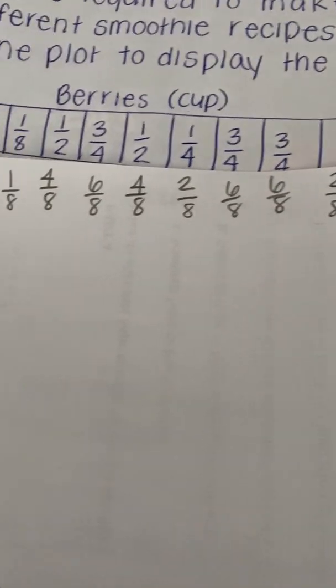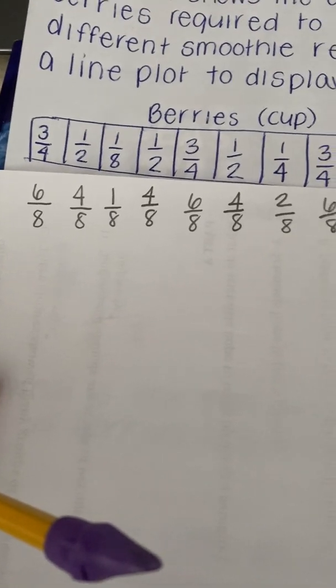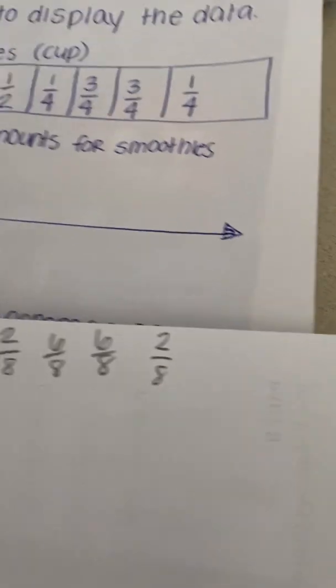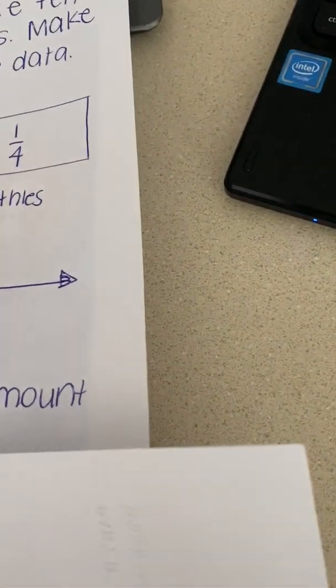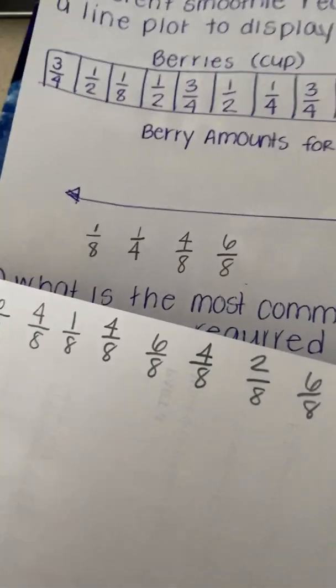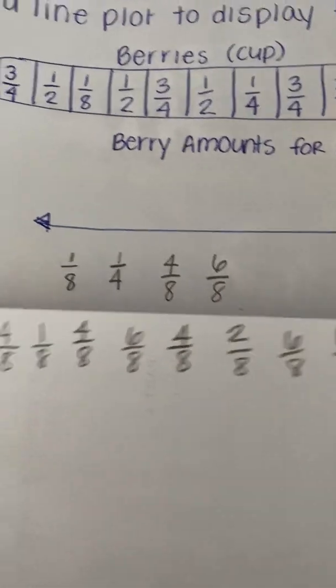My next smallest is going to be 4/8, which I'm going to put right here. And then my next smallest is going to be 6/8. Should have actually spread these out a little more, but that's okay.